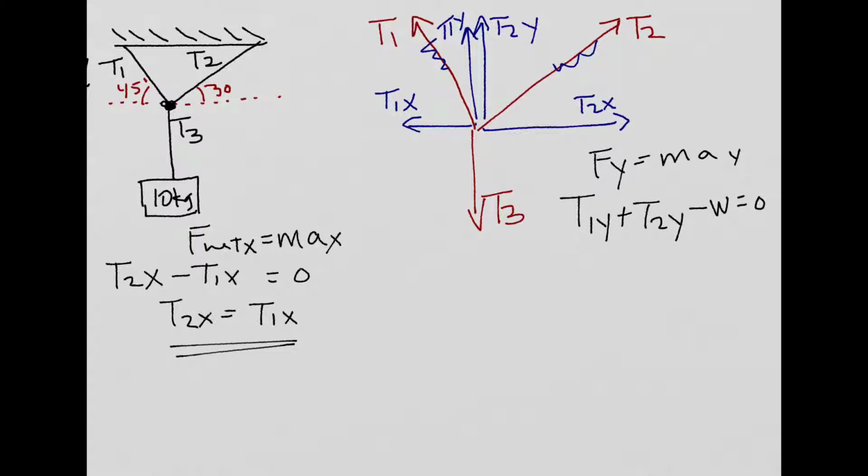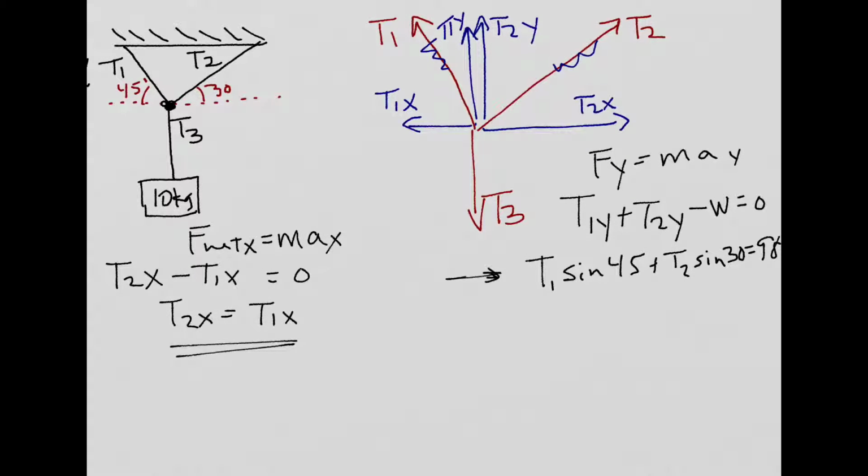Now, if we remember our formula, T1y is T1 times the sine of 45, plus T2 times the sine of 30. That equals 98 newtons. So we have an expression for finding T1 and T2.